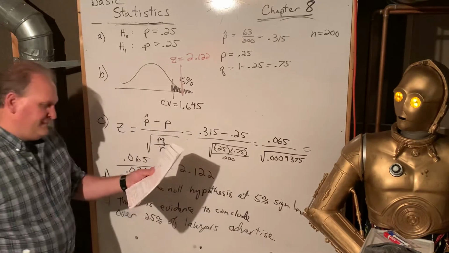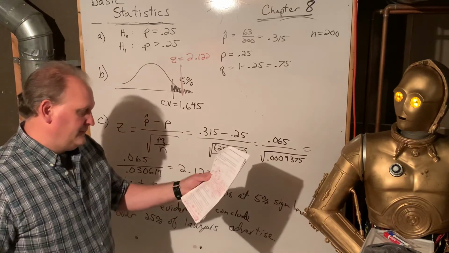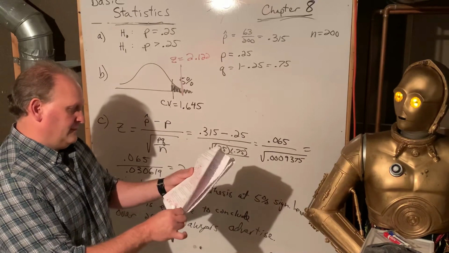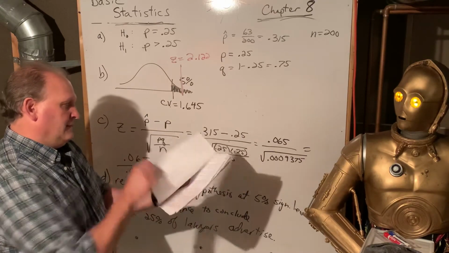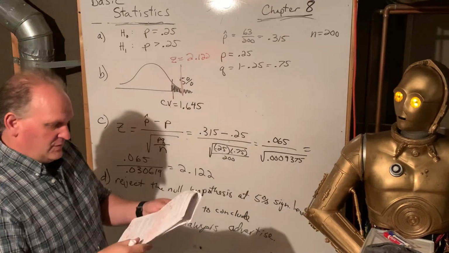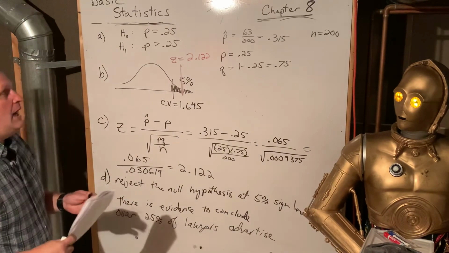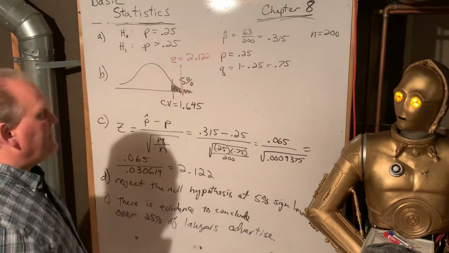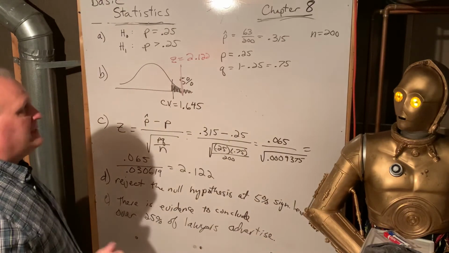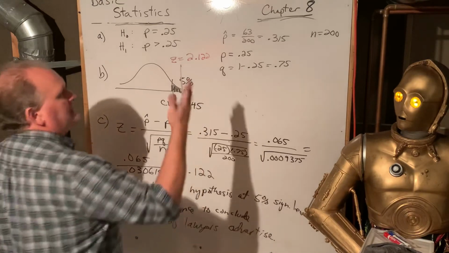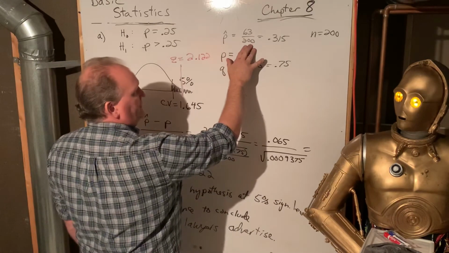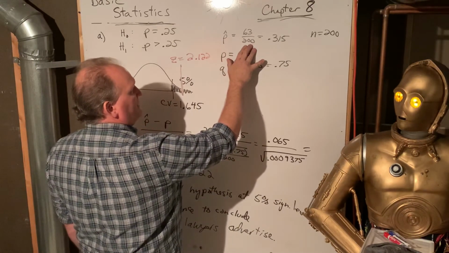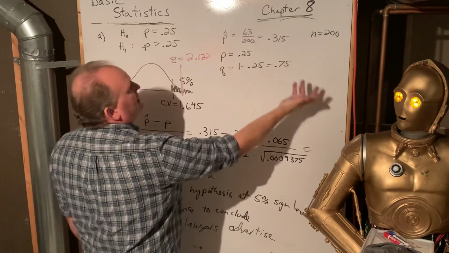All right, and that's it. The next one will be 85. Just a real quick rundown on that. Lots of people make this mistake. They say, I did a simple random sample of 200 and found 63 did advertise.